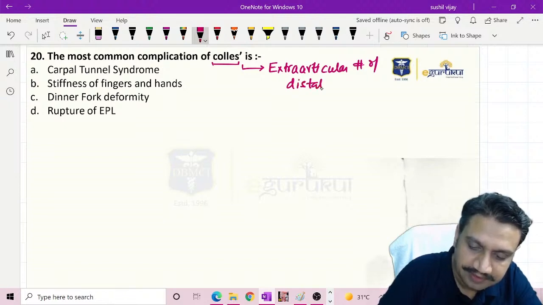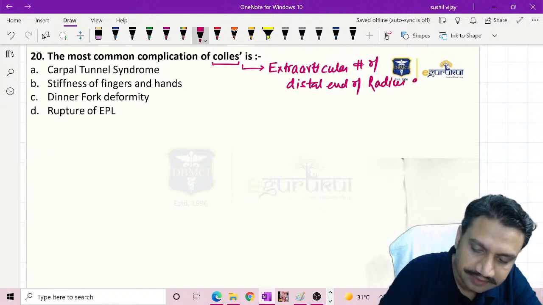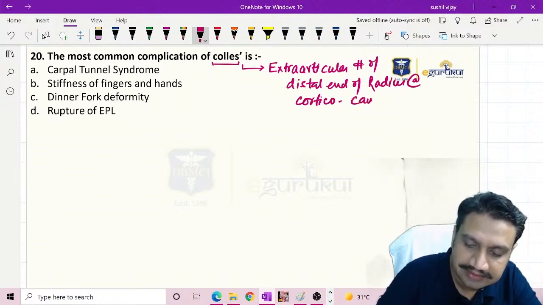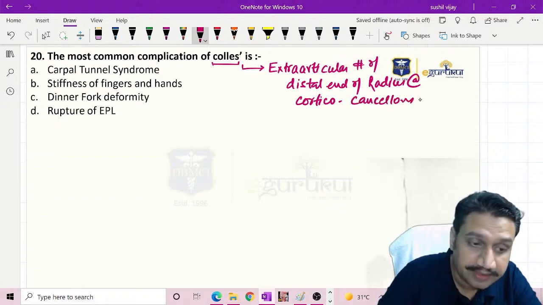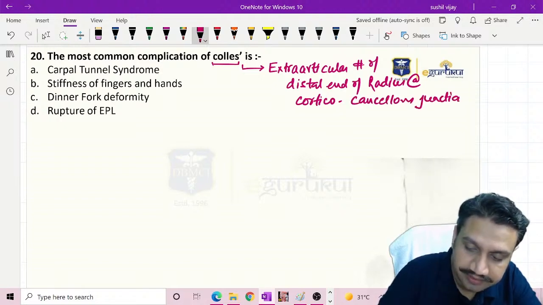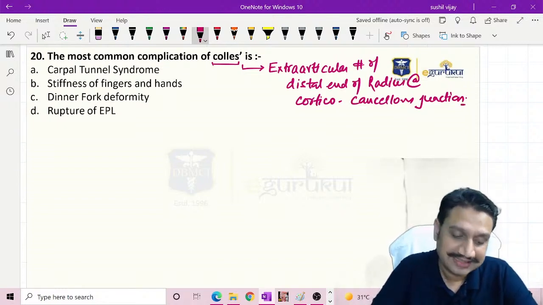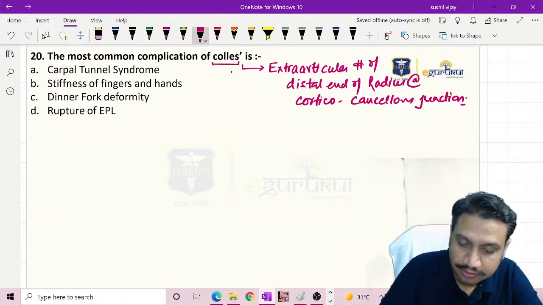At where? At the cortico-cancellous junction. So let's talk about the complications also.